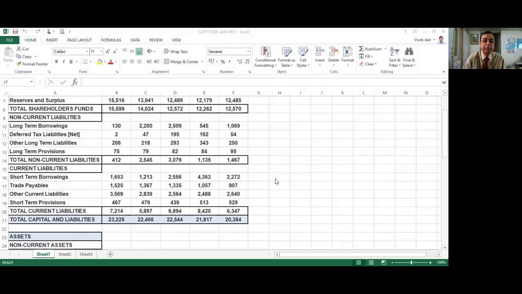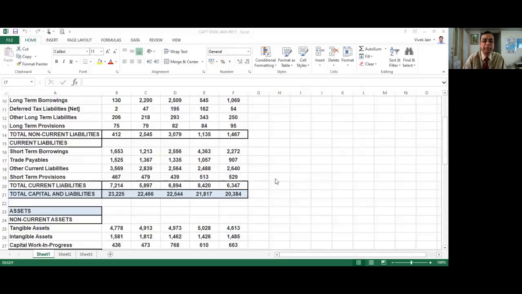Then we have trade payables, which are for sundry creditors, and other current liabilities which the company may be having. The details can be seen in the AGM report, where the details of every figure are also provided. Short-term provisions for any expenses that the company may be foreseeing in the next 6 months or 9 months are also given here.